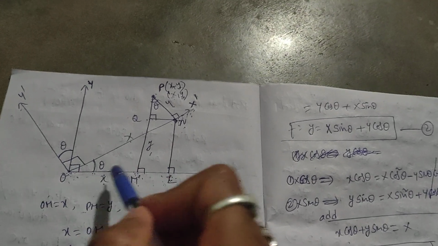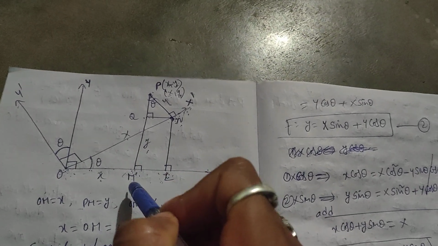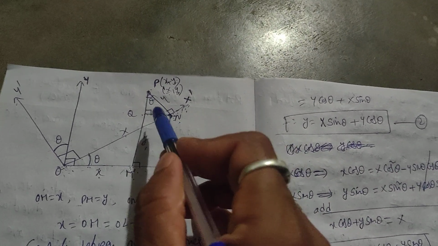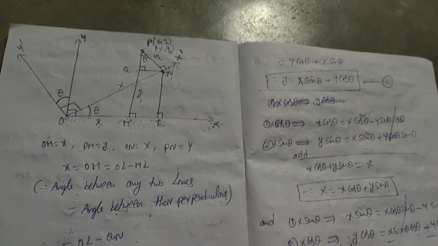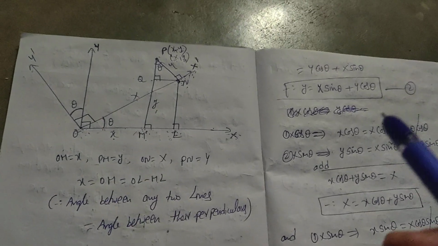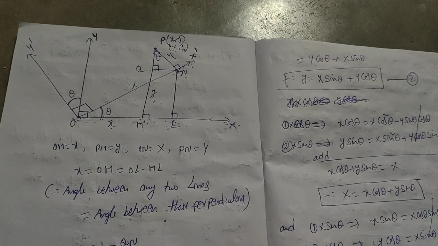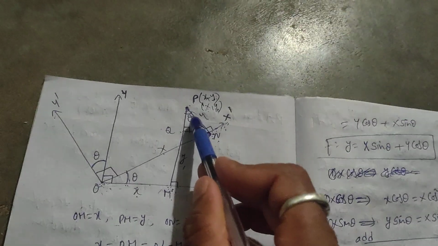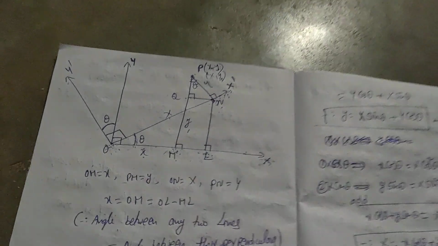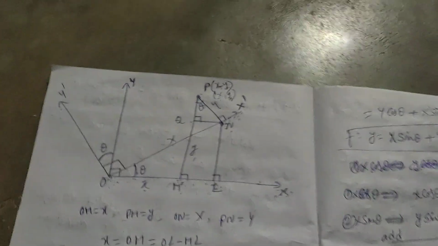Then also the angle between these two lines MP and NP is also theta. This is plane geometry, one of the proofs. That means the angle between any two lines is equal to the angle between their perpendiculars. That means if it is theta, this is also theta.